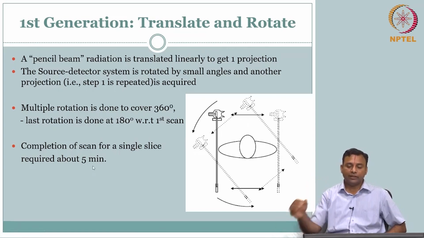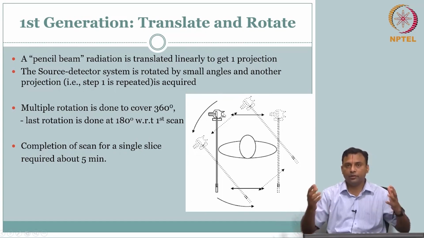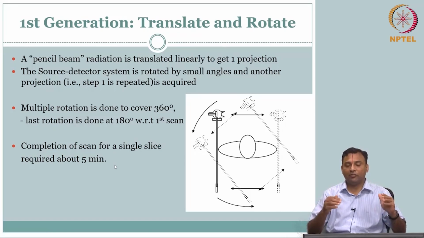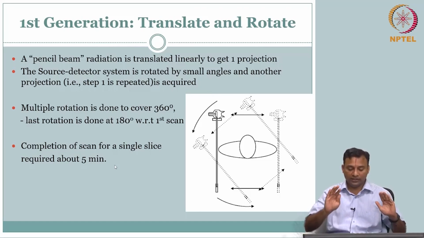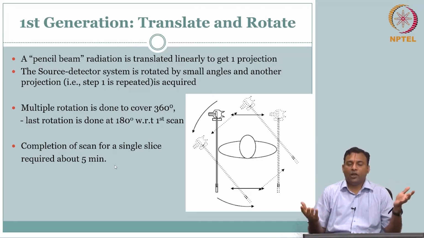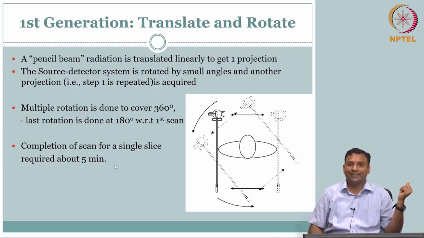Of course, it depends on the field of view and your rotation step size, but roughly it is several minutes just to do the data collection, not accounting for the reconstruction you have to do after you get the data. Okay, but the first generation allowed you to see, for the first time, what is there through the slice. So that was a huge step.